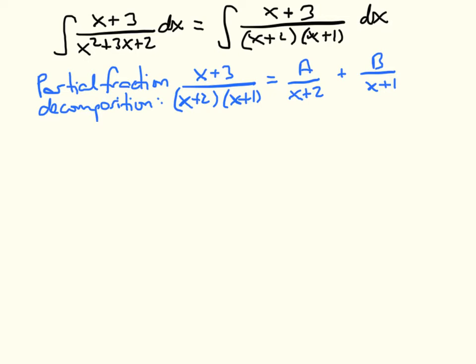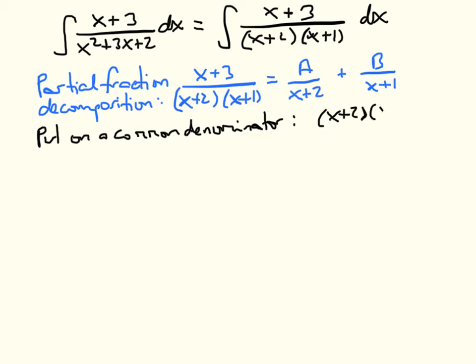And what we now do is we put this on a common denominator, and the common denominator is by construction going to be the same as the denominator in the original integrand. So our denominator is going to be x plus 2 times x plus 1. And what we're going to require is that the numerator here and the numerator here, once we put this on a common denominator, must be the same.